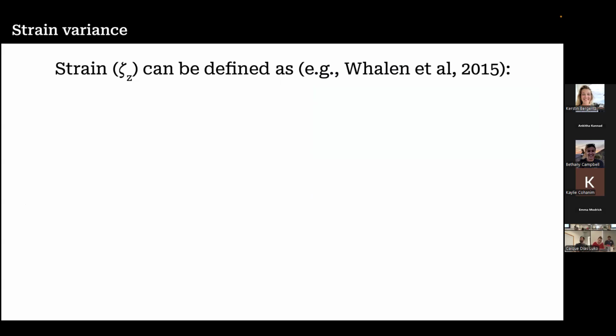And the mathematical definition, if any of you are interested in computing strain variance, is what Whalen and colleagues used in 2015. The strain ξ_z is defined by (N² minus N² fit) over N² bar. N² is the stratification, which is defined as minus g dρ/dz over ρ0, where g is gravity, ρ is density, and ρ0 is the reference density.